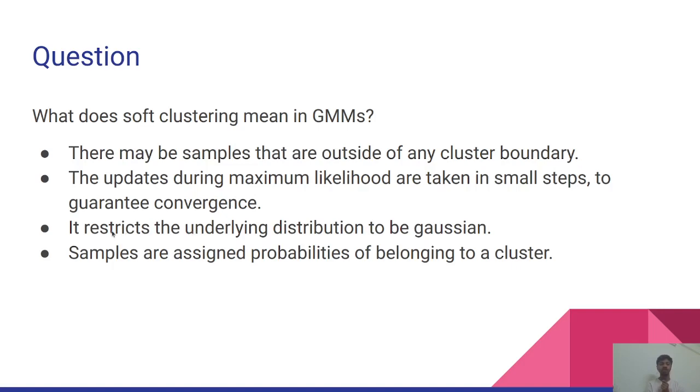Third option is that it restricts the underlying distribution to be Gaussian, and because we are using only Gaussian distribution, that is why we are calling it soft clustering. And the fourth option is that samples are assigned probabilities instead of 0 or 1 for belonging to any cluster or another, and that one we call soft clustering.